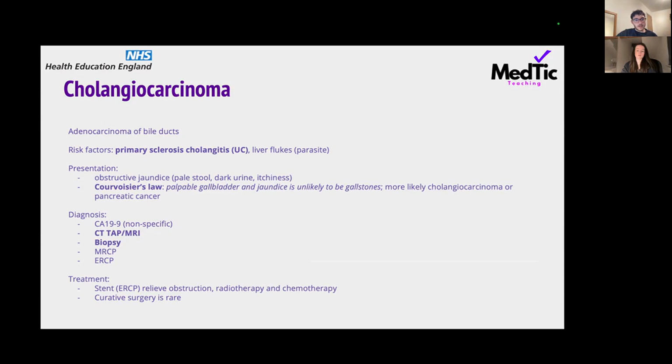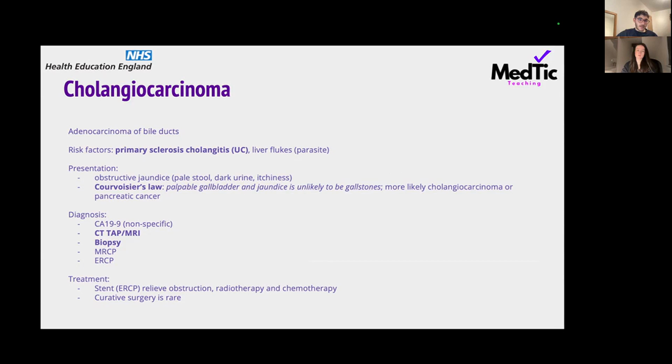We spoke about earlier the fact that the patient would present with an obstructive jaundice and Courvoisier's sign, which is this palpable gallbladder. It is unlikely to be a gallstone, more likely to be a cancer such as cholangiocarcinoma or pancreatic cancer.